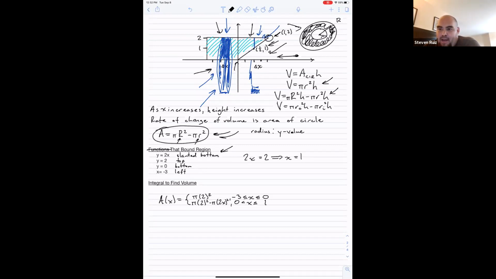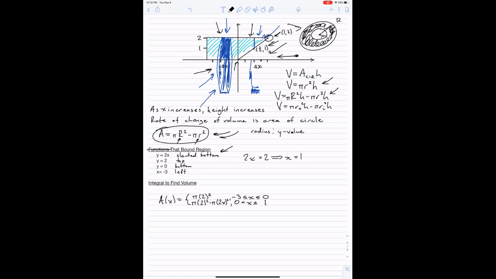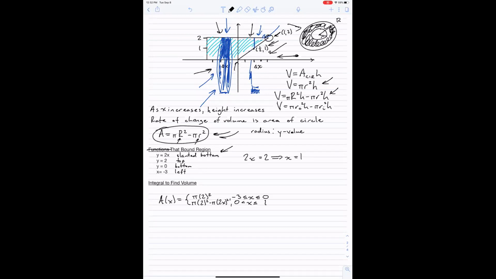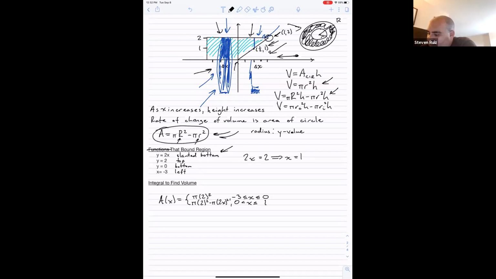Any questions about how we got this? Could you explain again how you got 2x for the inner radius? Sure. So you're good on the outer radius? Yes. Okay, so let me draw a new strip. Let's say I want to do this one right here.